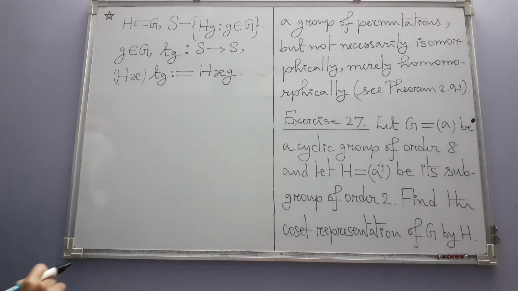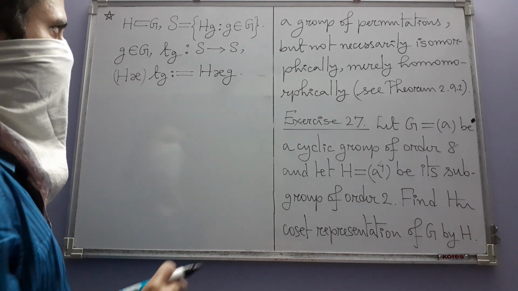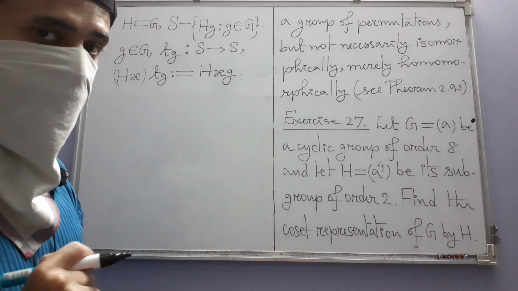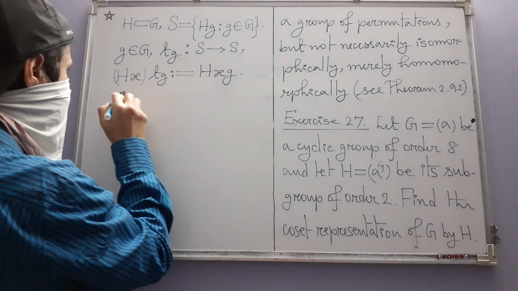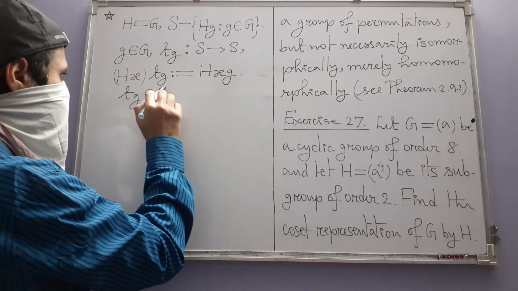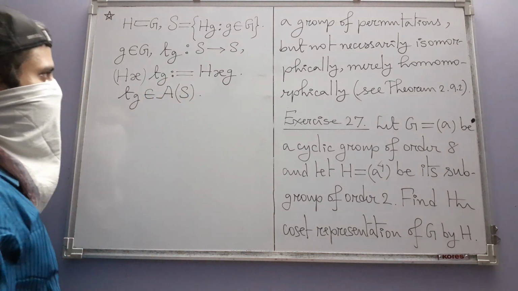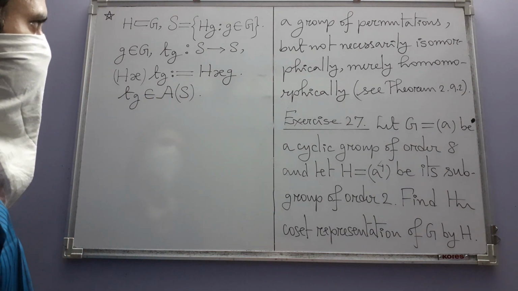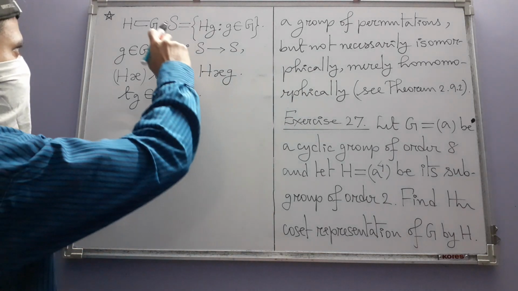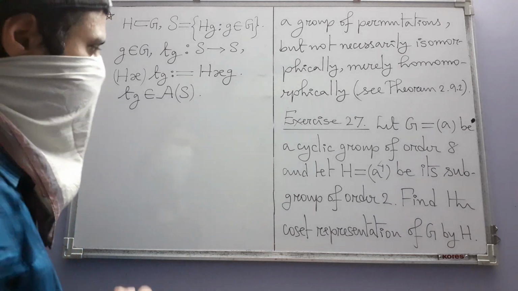And it turns out that this Tg is in fact a bijection on S, and that is why each such Tg is an element in the permutation group of S. And this association between G and Tg gives rise to a function.